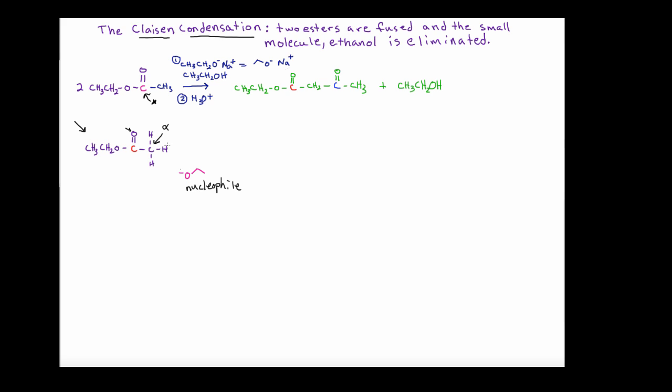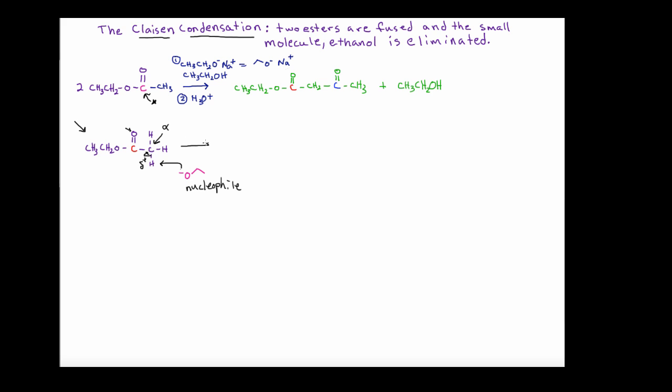All of these hydrogens have partial positive charges on them, and so I'll put a partial positive charge here, and then we can show the nucleophilic attack like this. And these electrons here are going to, at least initially, I'm going to put them back on this carbon. And we have essentially formed the enolate ion.